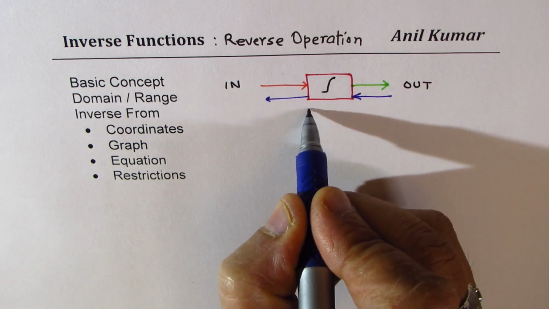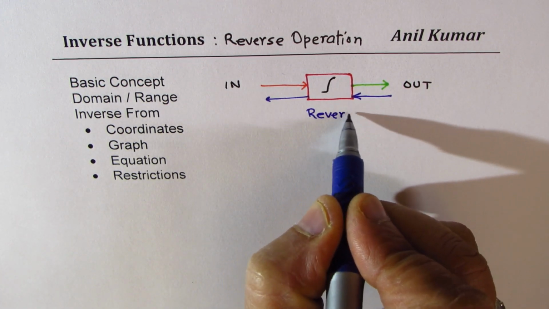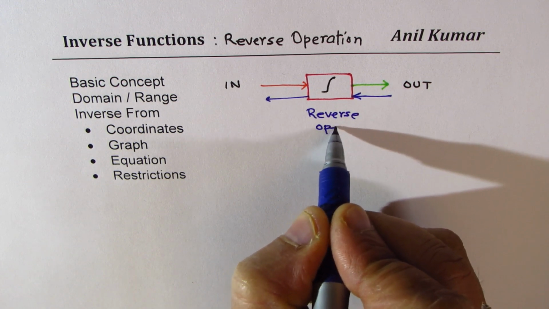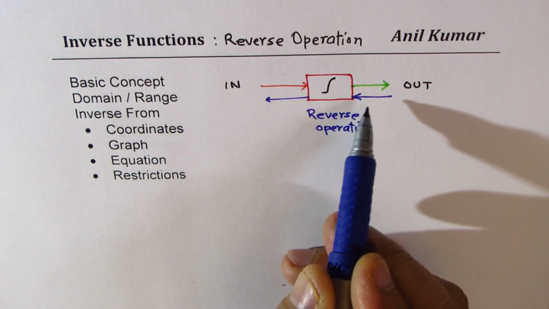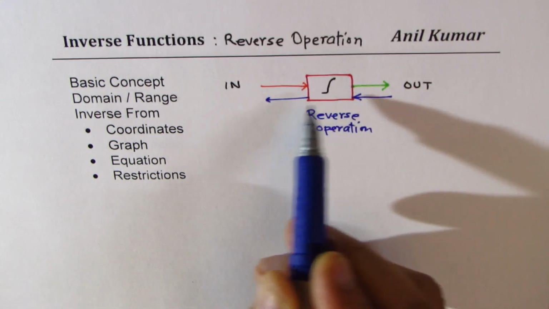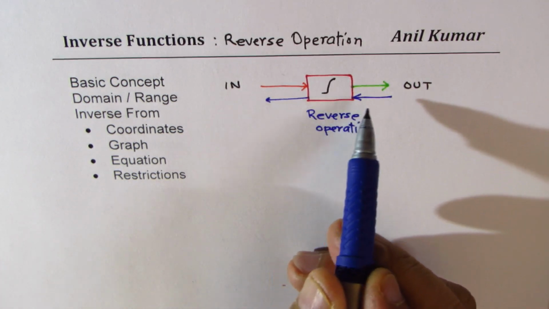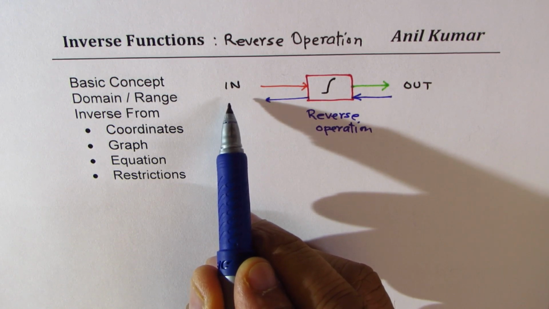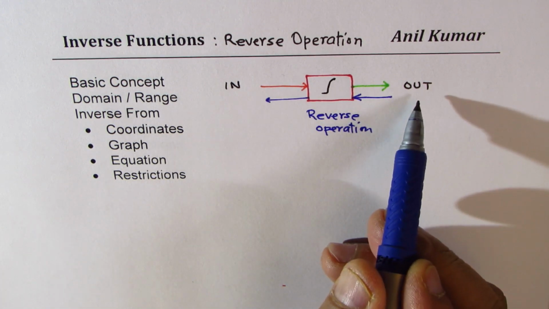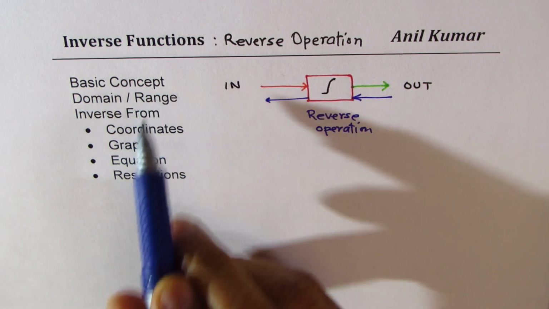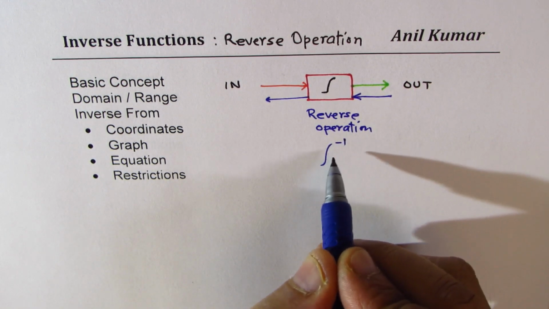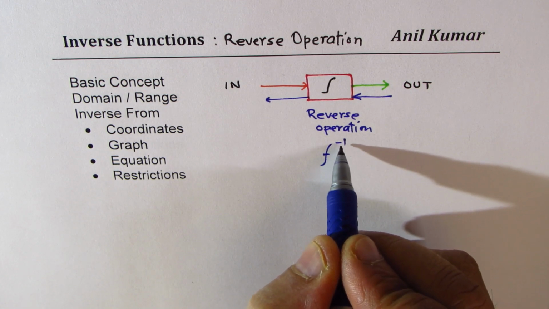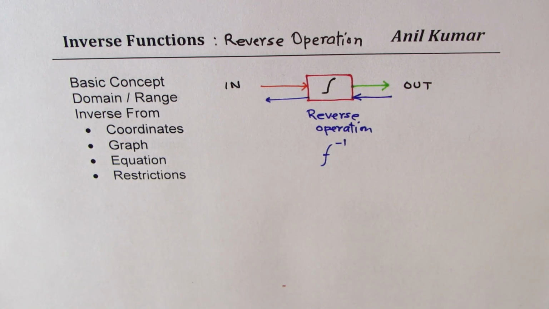So that is the reverse operation. This operation of performing the reverse thing, that is getting the input from the output, is termed as inverse function. We normally have a symbol like this, f with a minus 1 on the top. So that is the symbol for inverse function.